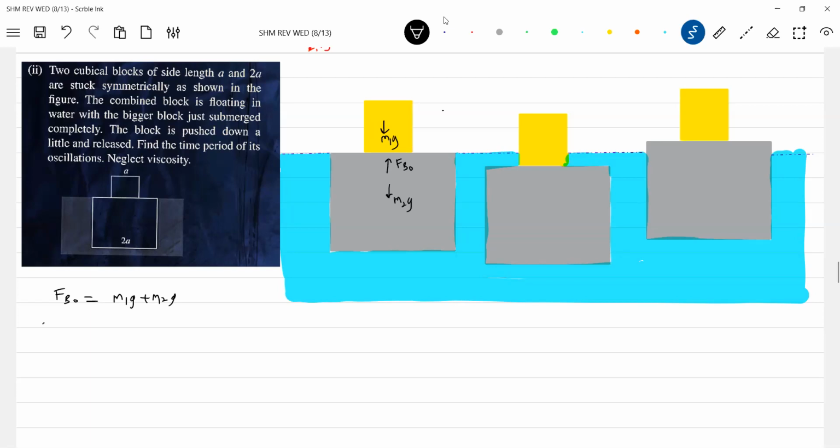So the buoyant force will be the density of liquid; density of solid, let it be sigma, of side length 2a. Is it okay? 2a cube. Okay, it'll become a cube. What is m1? m1 will be sigma a cube g, sigma 2a whole cube.